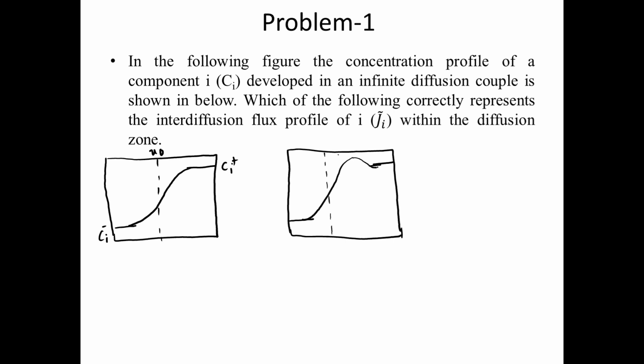Okay, so this is also the same thing. Ci, x naught. You just do this one. How will you get it? Let me know.